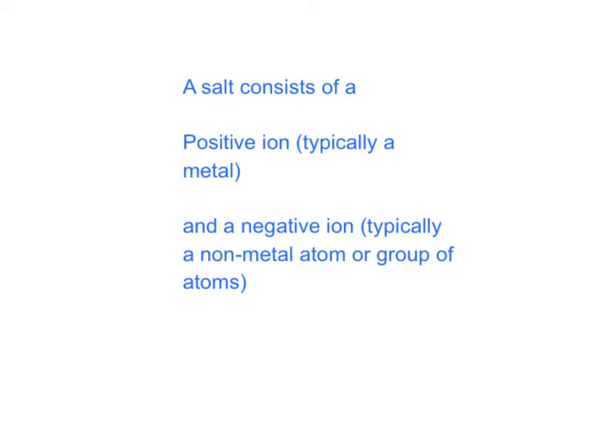And also a negative ion, which is typically a non-metal atom or a group of non-metal atoms. So that's what a salt is, and typically these are made in reactions between acids and metals or some metal salts.